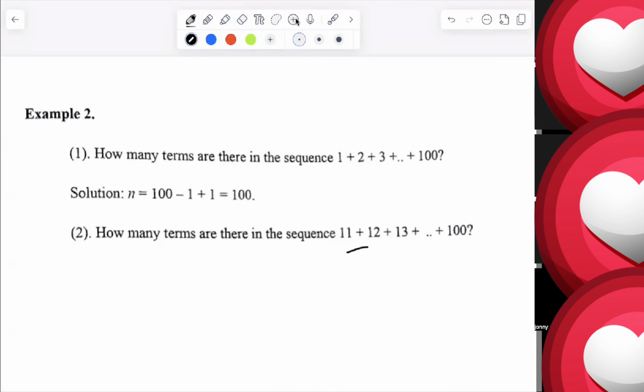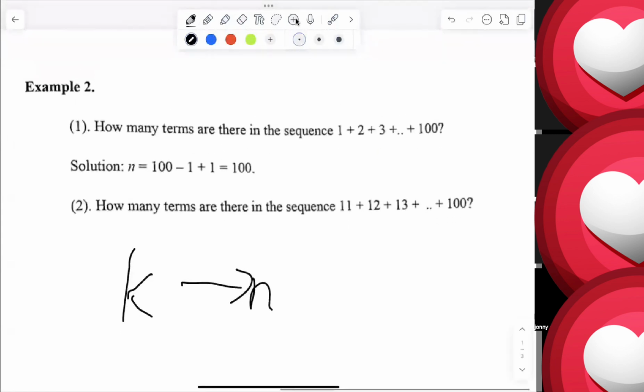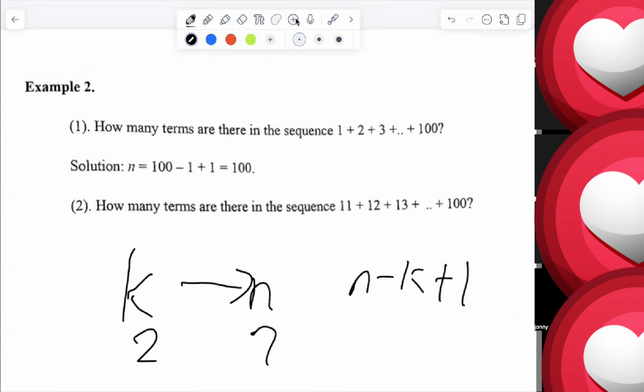How many terms from 11 to 100? If we want to find the number of integers from k to n, for example, k being 2 and n being 7, the formula is n minus k plus 1, if we are including k and n. If not, you can just subtract one for each endpoint you don't want to include.